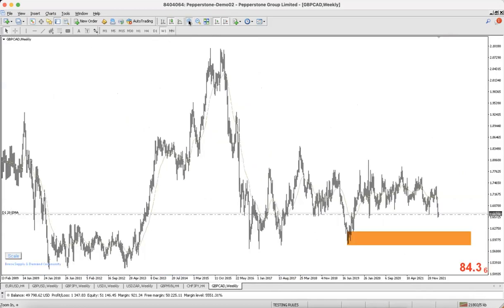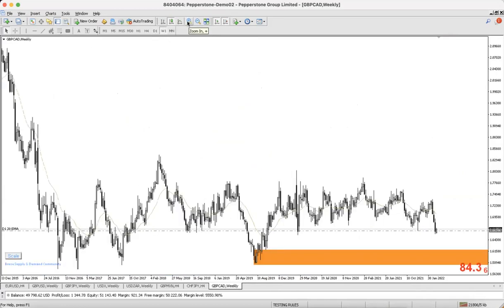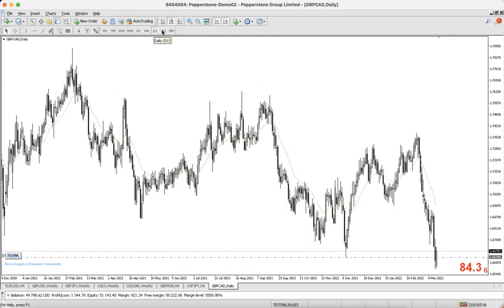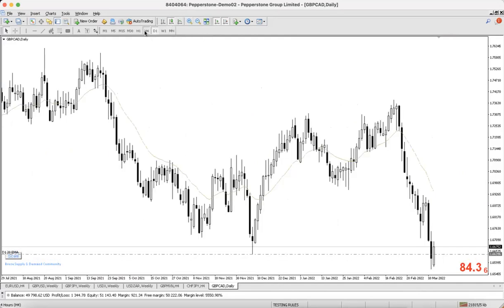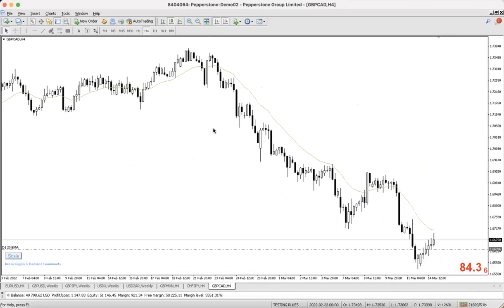So where can you enter this trade? On the H4, nice entry here. Oh, looks like it's already been tested.